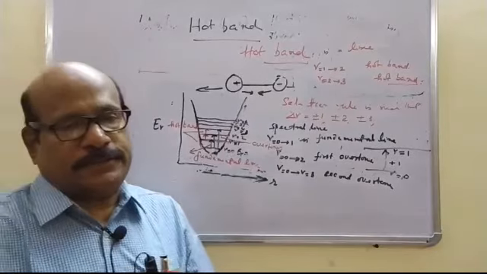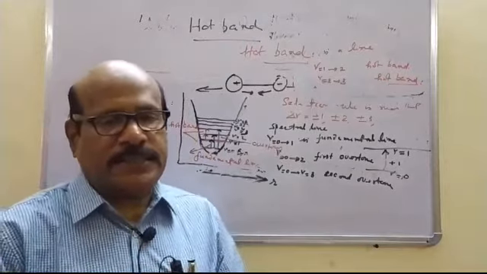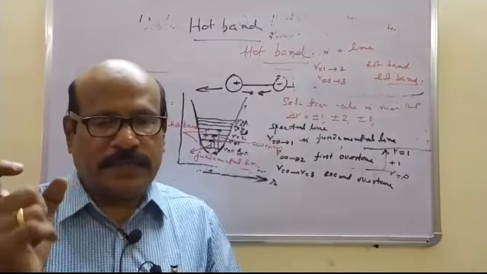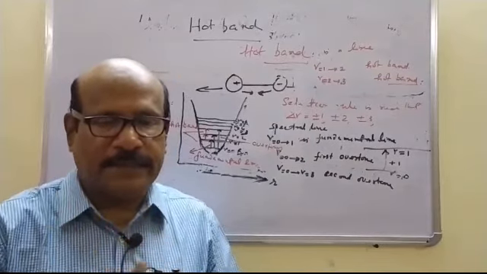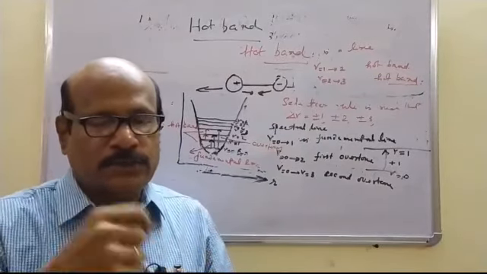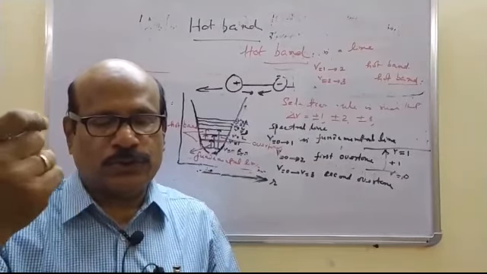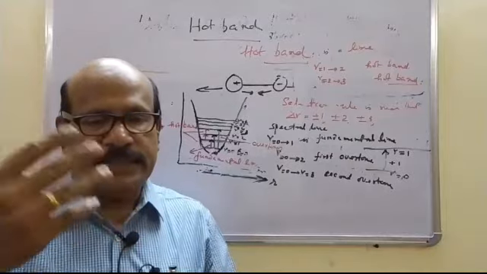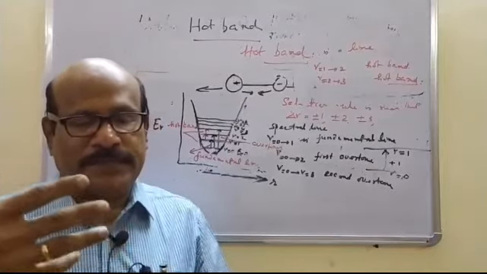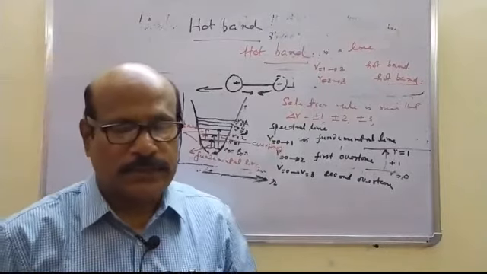The hot band is not seen at room temperature, but as the temperature is increased, we can see a line of lower frequency than the fundamental, usually arising from the transition from nu equal to 1 to 2 or nu equal to 2 to 3, etc. That is a transition between two vibrational levels of higher energy other than 0. That is the hot band.